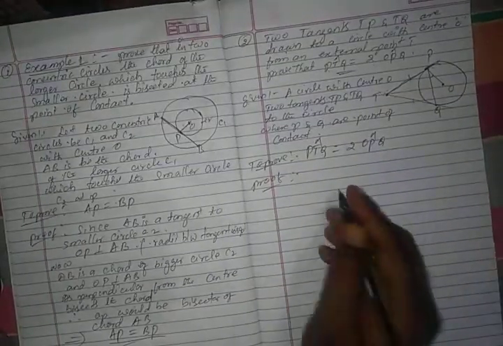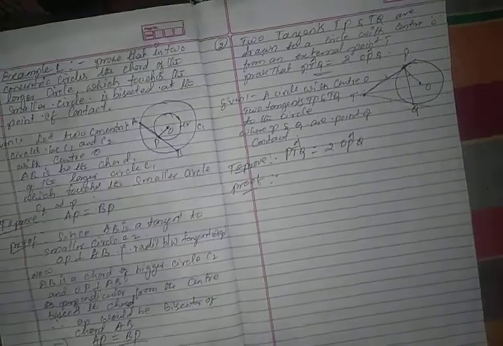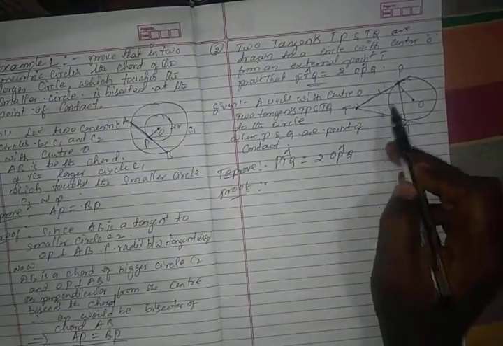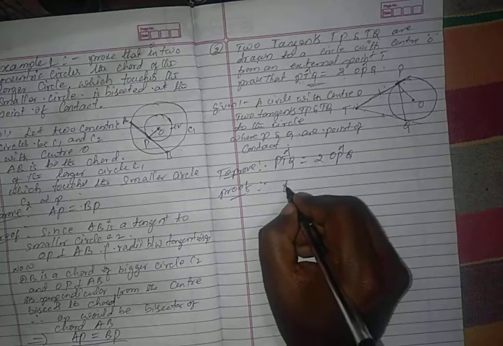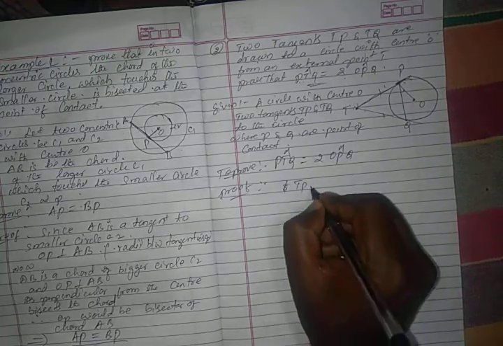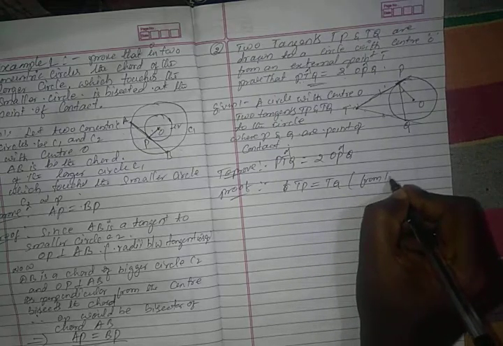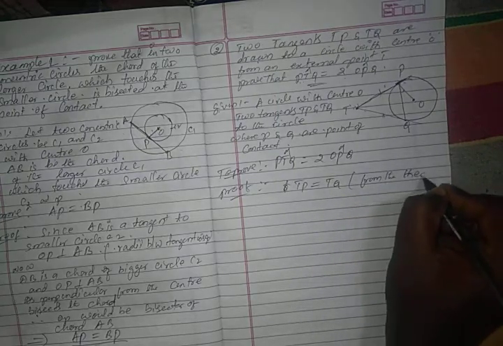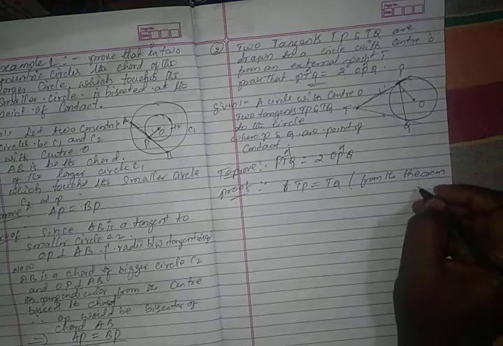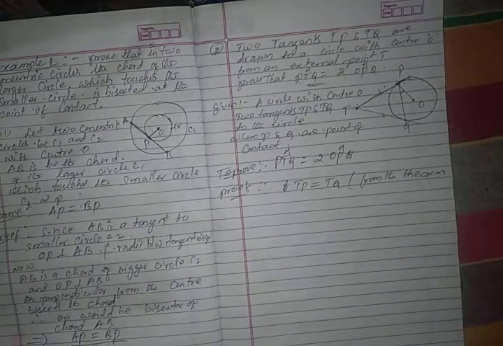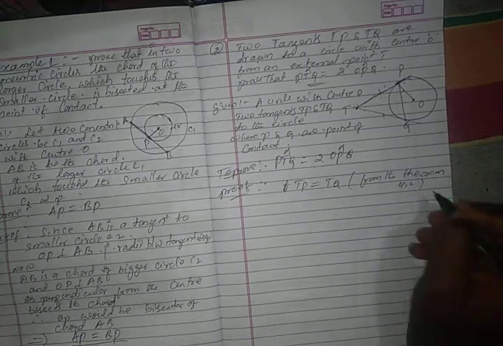We know from the theorem, that tangents from an external point are equal, that is TP is equal to TQ. This is theorem 4.2.